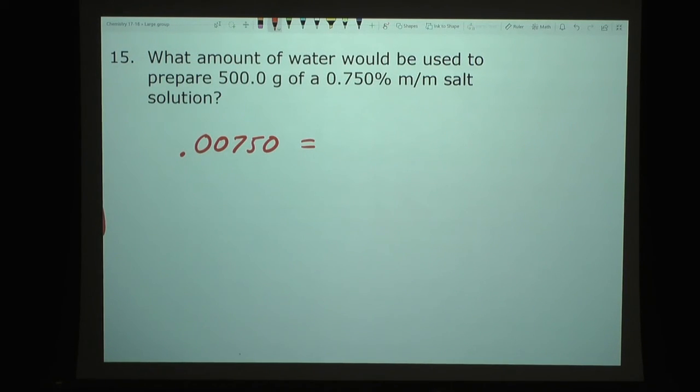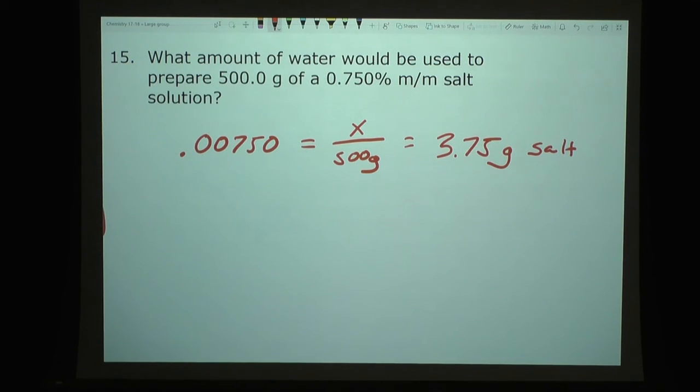Now, the total is 500 grams. So the solute then, not too tough, 0.0075 times 500 is 3.75 grams of that salt.